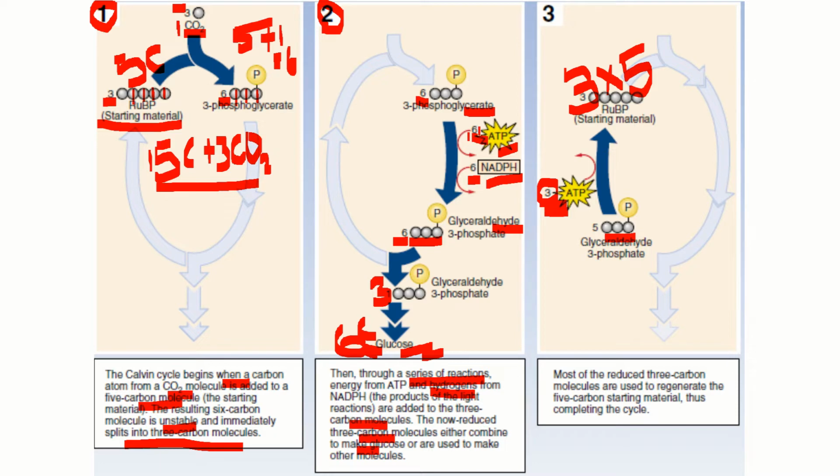Plus, how many ATP are totally required for the process? 6 here and 3 here, 9. So when 9 ATP molecules and 6 NADPH plus H plus are consumed, 1 molecule of glucose is produced, we may say. So most of the reduced 3 carbon molecules are used to regenerate the 5 carbon starting material. So the cycle is completed.